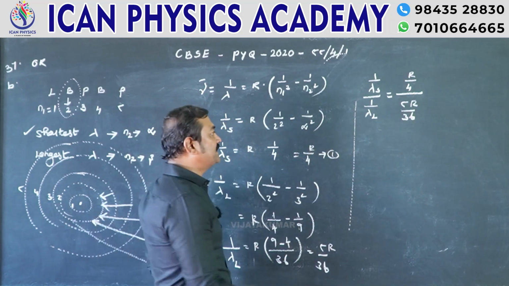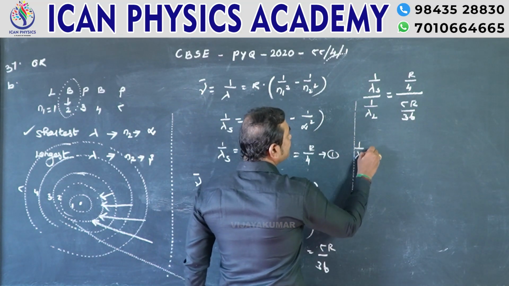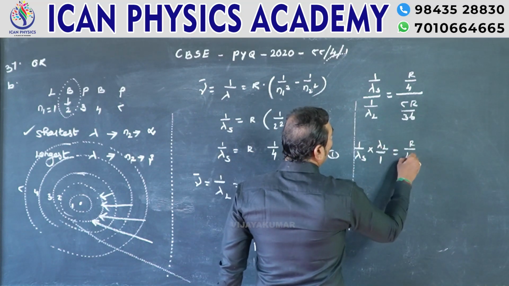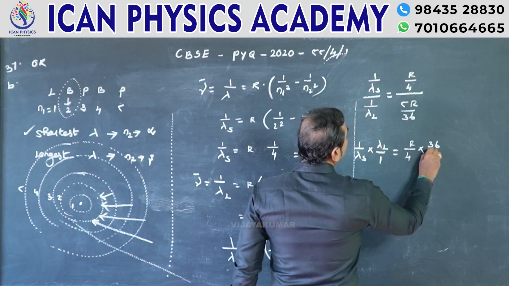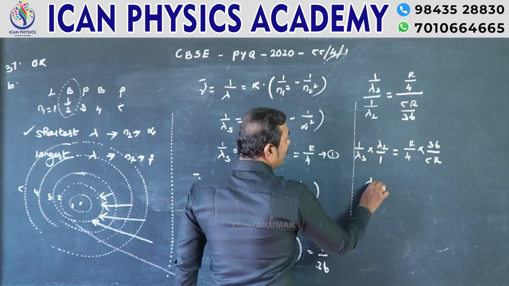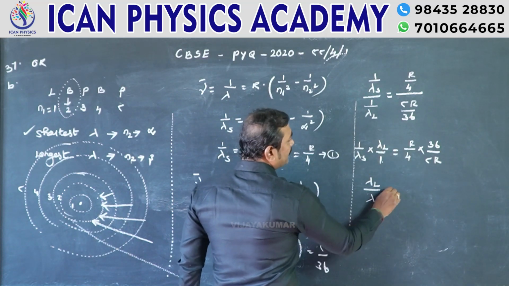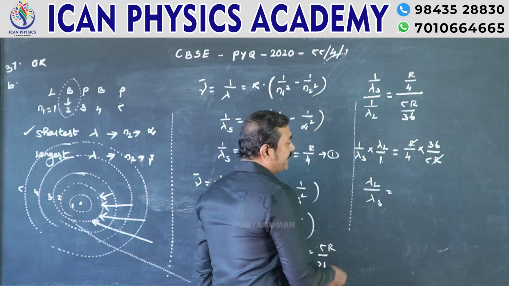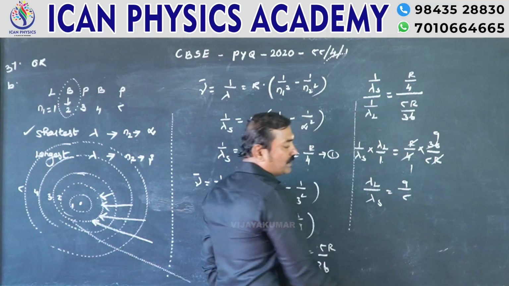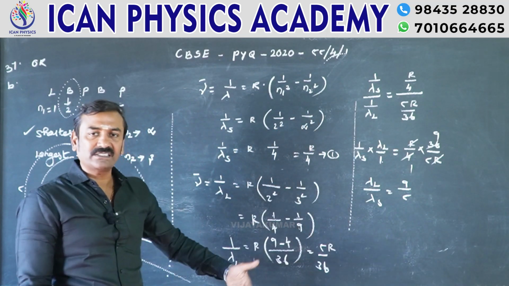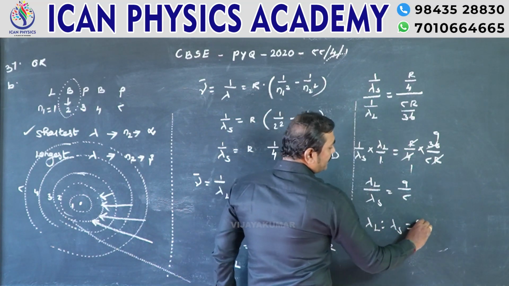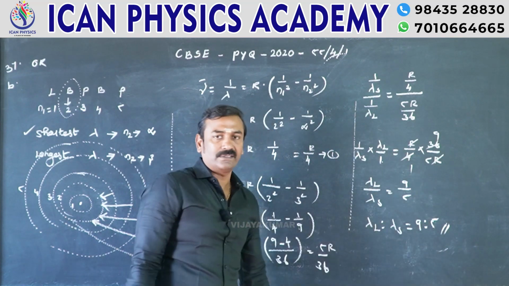Now it becomes reciprocal, that is lambda L by lambda S equal to R by 4 into 36 by 5R. R getting cancelled. 1 4 is 4, 9 4s are 36. So 9 by 5. So what is the question? The ratio of longest wavelength to the shortest wavelength. So lambda L is to lambda S equal to 9 is to 5. This is your answer.